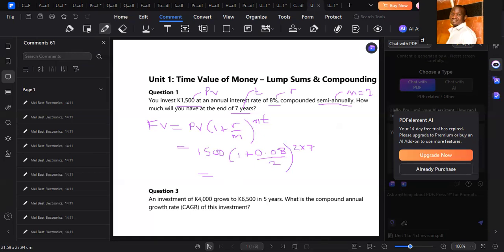So when we compute that, what do we get? You need to have a calculator nearby. We're going to get 2597.51.